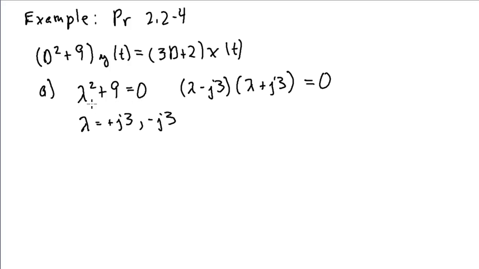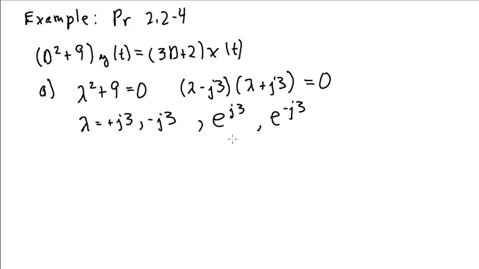This portion, the lambda squared plus 9, is what we call the characteristic polynomial, and then these are the characteristic roots. So the corresponding modes would actually be e to the j3t and e to the minus j3t. Okay. And we could write the solution in terms of the characteristic modes.